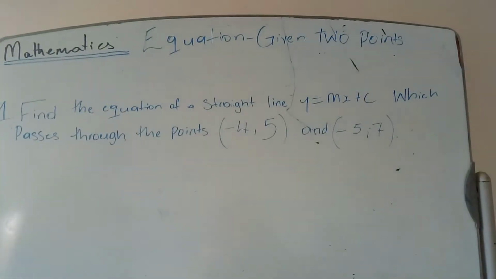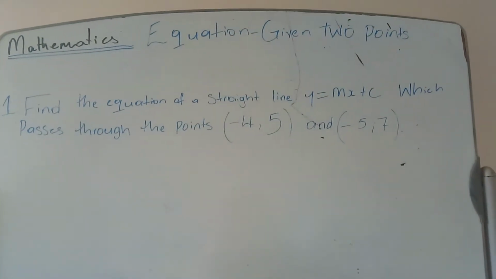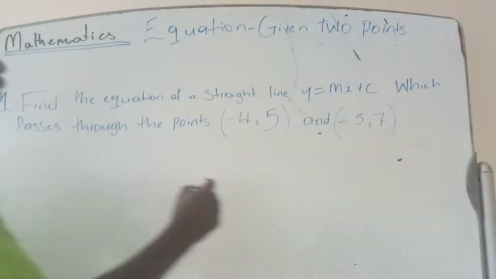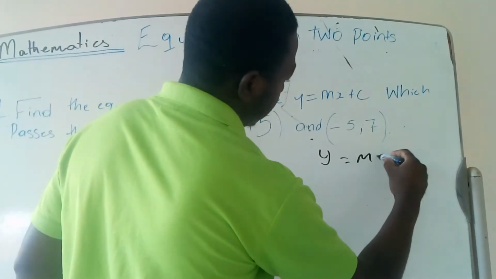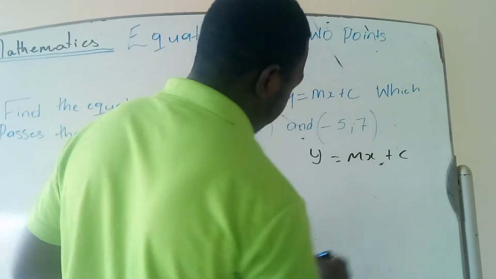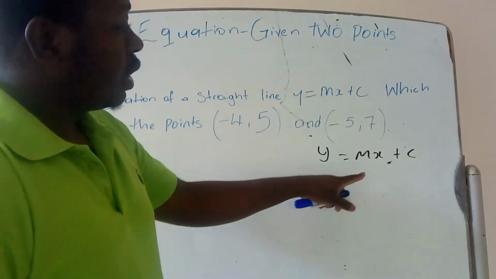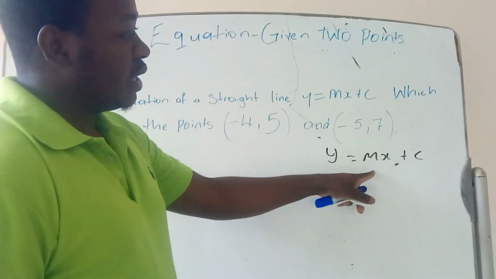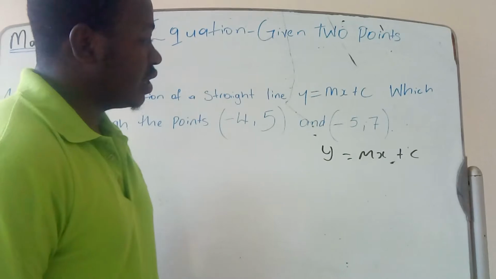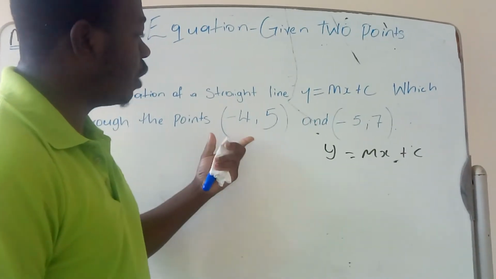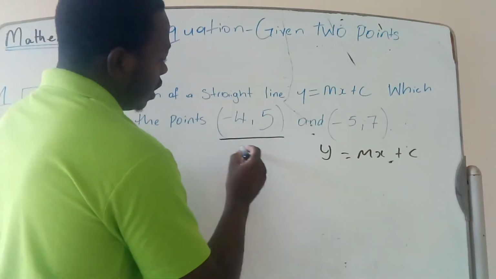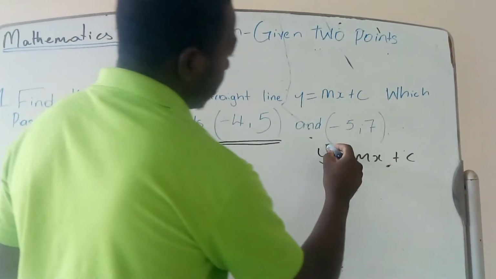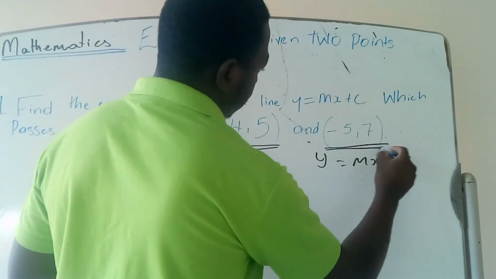Now, they want us to formulate the equation of a line, and the general form is y equal mx plus c, where m is the gradient of the line and c is the y-intercept. Now they give us 2 points on the line. They give us this point, which is 1, and they give us this point, which is 2.